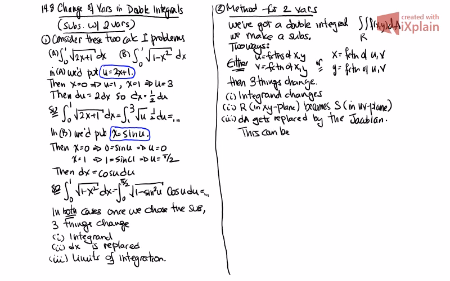Right. Sorry, I totally misspoke. Let me back this up a second. The dA gets replaced by the absolute value of the Jacobian times dA, where this Jacobian can be calculated two different ways. One of two ways, really.